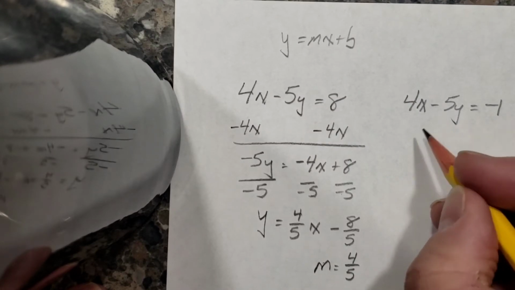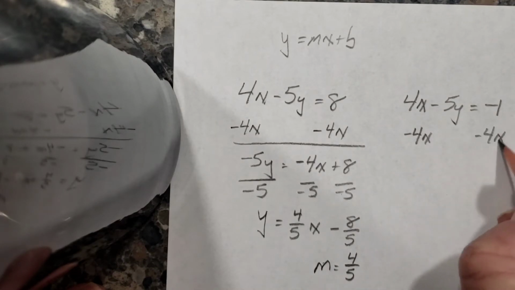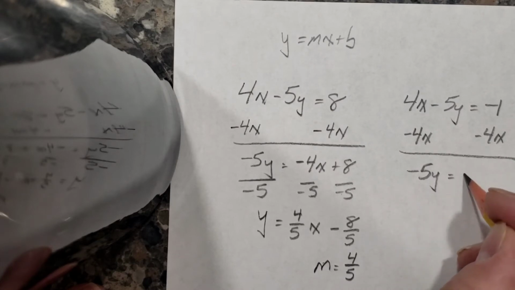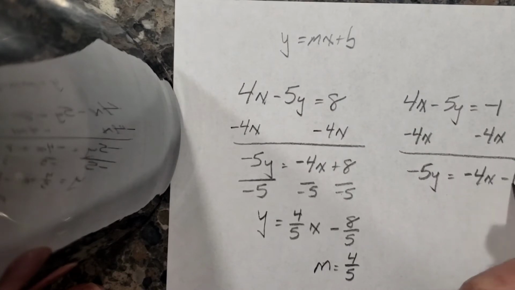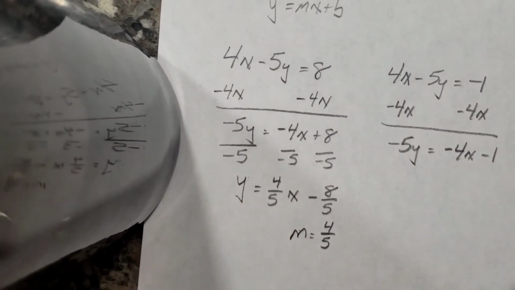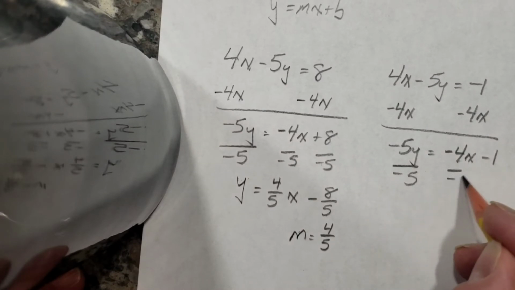Okay? Now if we do the same thing over here, subtract 4x, always looking to solve for y. -5y equals -4x minus 1. Divide everything by -5.